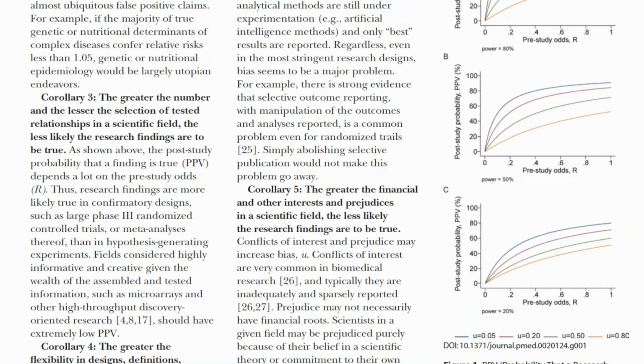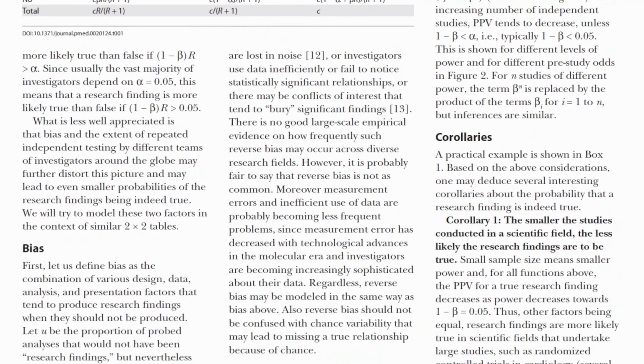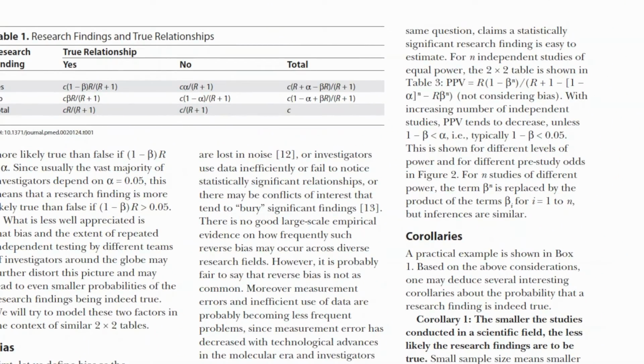So he talks about the problem of many independent studies studying the same thing, which is kind of strange at first because we think that the more the better, the more people studying the same thing.